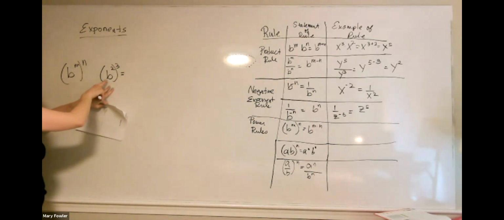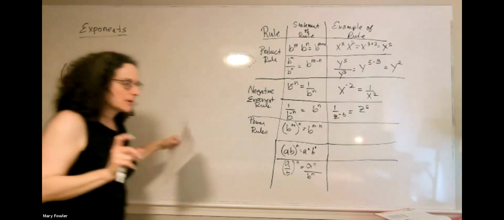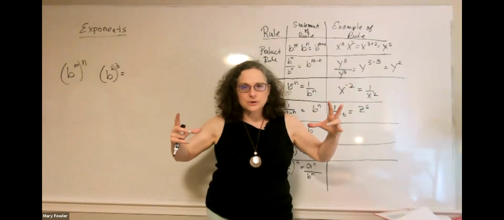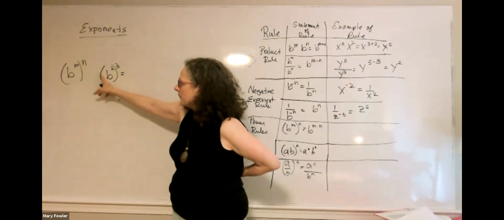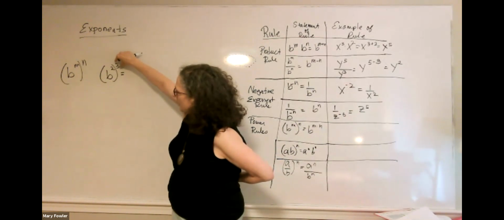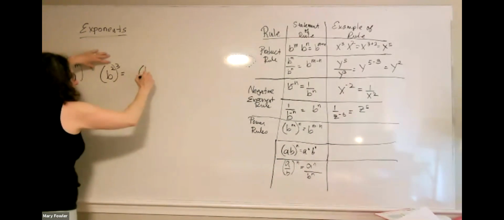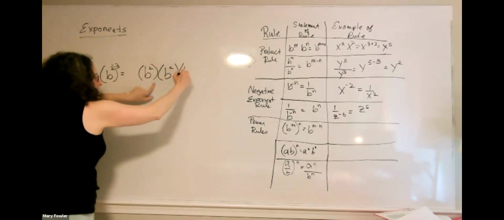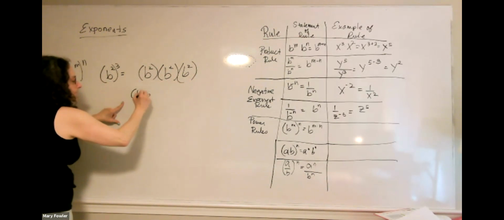So I wanted to think about b squared raised to the 3rd power. I'm going to use the idea of the order of operations, and look at the outermost piece, which is that cube, that 3rd power. So I want to think about b squared repeating 3 times. Now let's write each of them out.